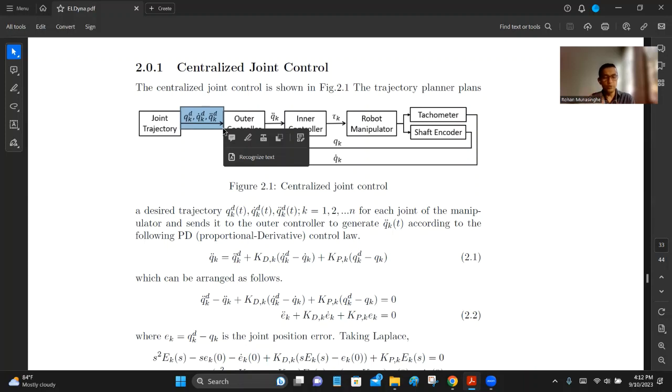Okay, so every loop this happens, right? The inner controller calculates the torque required, right? Looking at the present situation, the position and velocities, everything, the configuration of the arm, right?